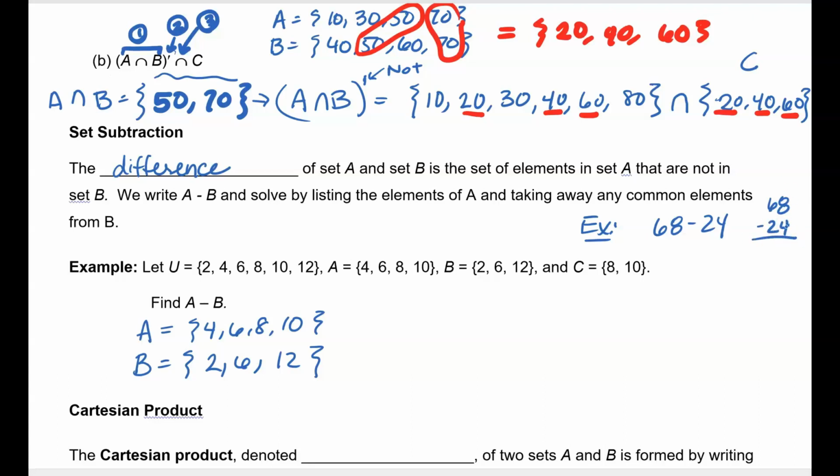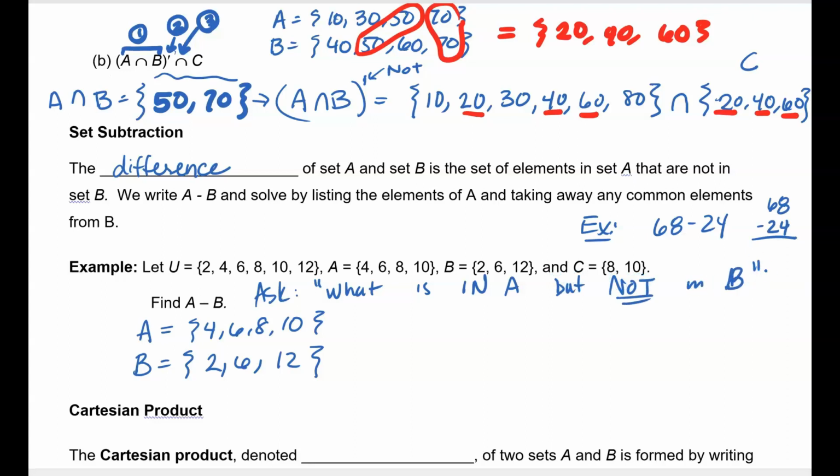Well, we're going to do the same thing here. So the definition of subtraction, A minus B: you're going to ask yourself, what is in A but not in B?